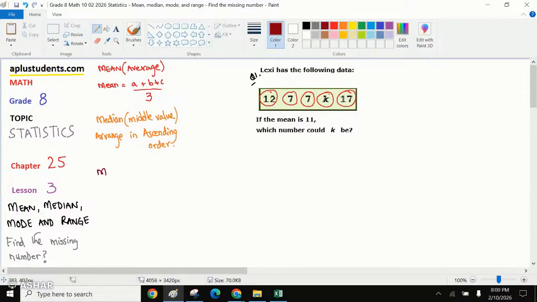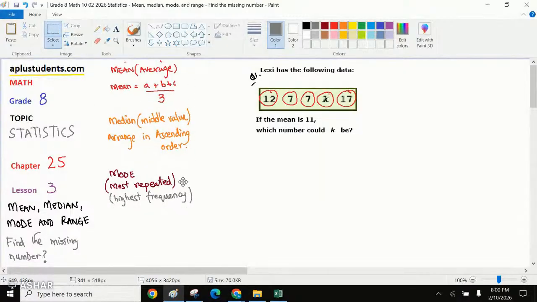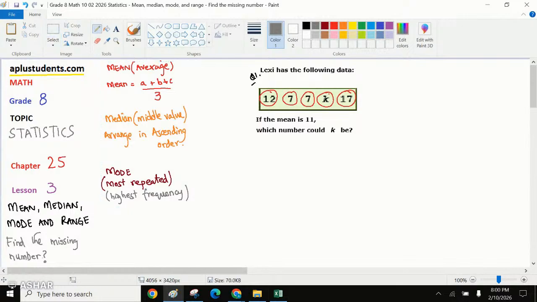Mode is the most repeated, or in other terms, the one having the highest frequency. Frequency is the term used for repetition: how many times any particular thing is repeated.